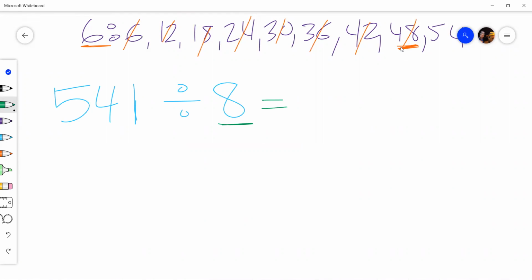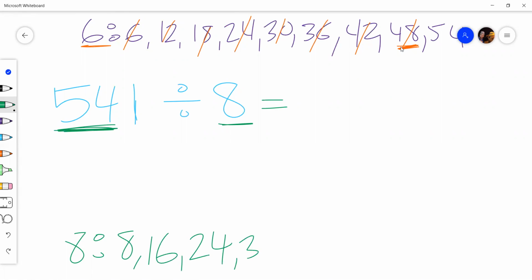Again, these are estimations. So I'm going to do my multiples of 8. And I'm doing that so I can see something that might be close to 54. So 8, 16, 24, 32, 40, 48, 56, 64. I'm going to stop there.